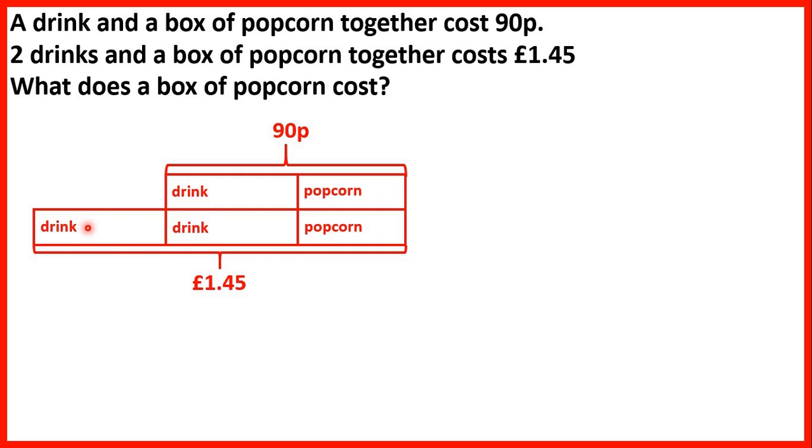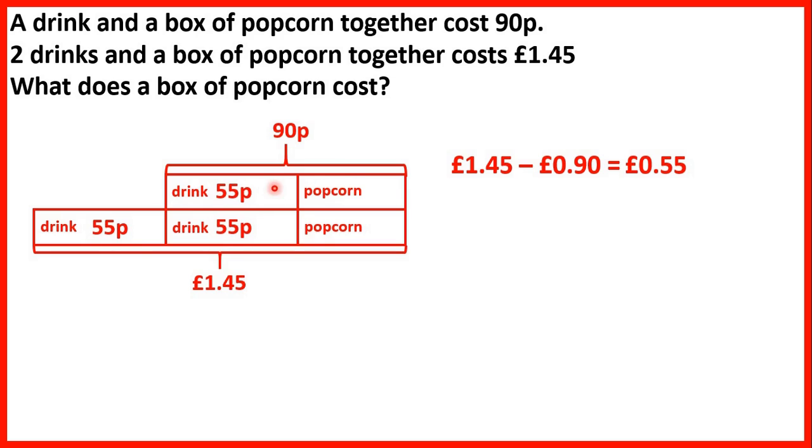So we can see all that's different on this second line is that we have an extra drink. So we can find out how much a drink costs by working out £1.45 minus 90 pence. That's 55 pence. So we know that the drinks all cost 55 pence.